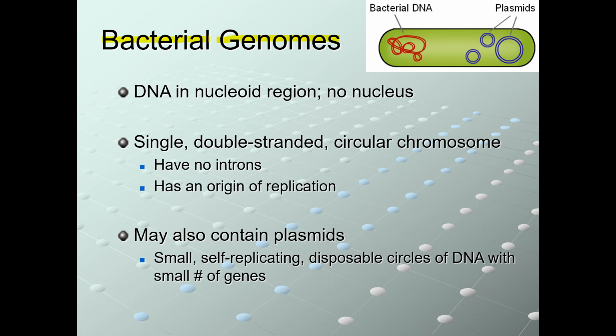But we can use bacteria in just about anything we want to, and it's okay because bacteria divide rapidly. No one's going to be upset if we kill a few bacteria along the way, and so they are used very heavily, especially in DNA technology. And so what this particular portion is focusing on is just the genetic material of bacterial cells.